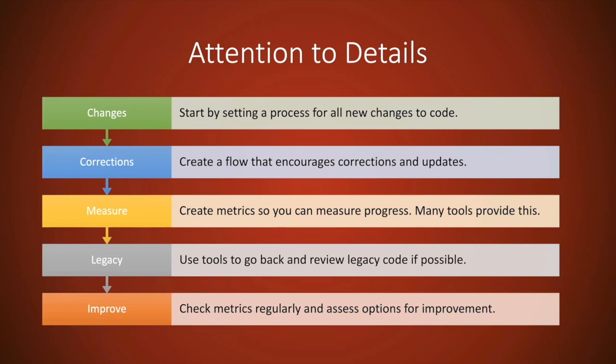Once you get these things into place, there's a point where it would be useful, and you may want to use some tools or automated tools or something like that, just because of the time required, and go back and review your legacy code. And again, some of the tools I'm going to point you to are great ways to do this.